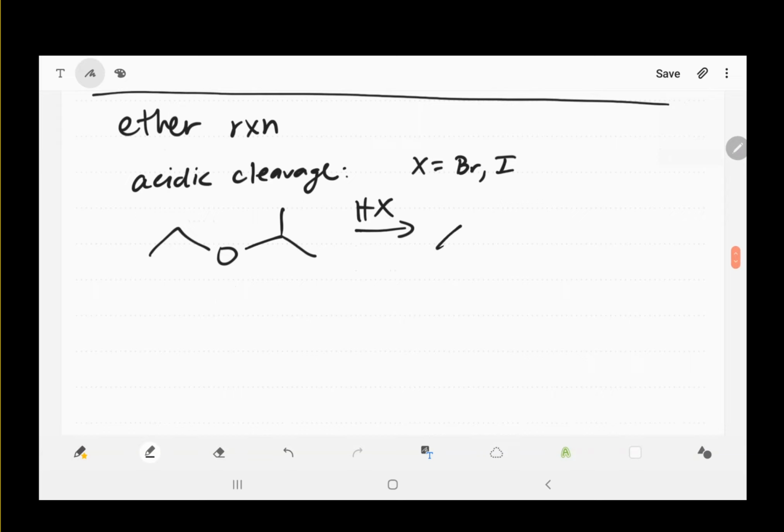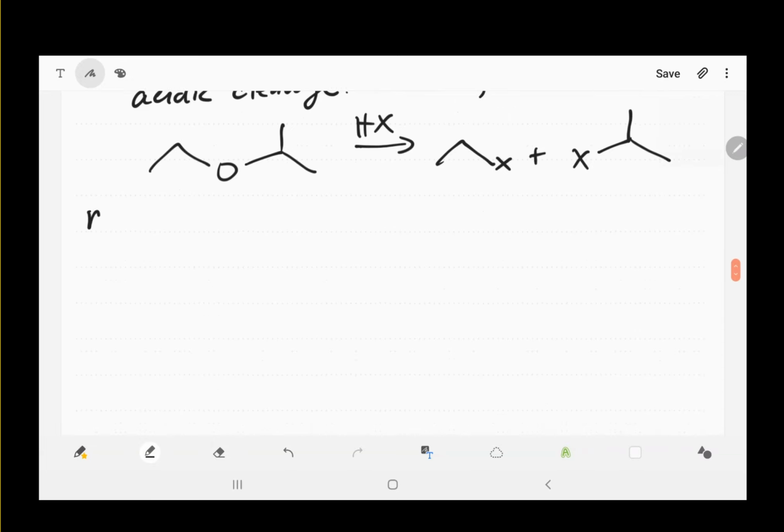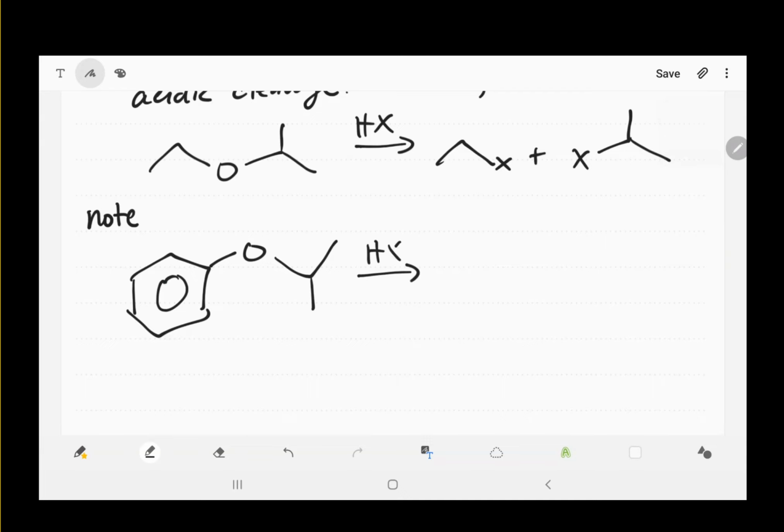You end up with those two. But remember, if you've got an sp2 hybridized component here, you're going to actually still get the alcohol out at the end. But you'll still cleave it off.